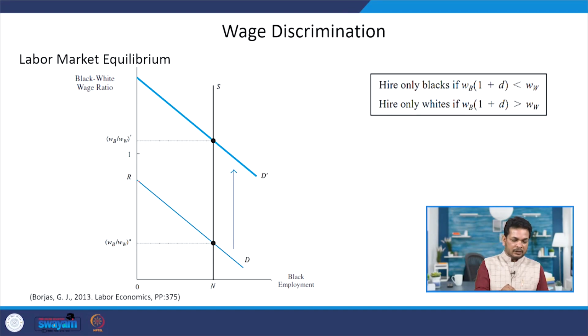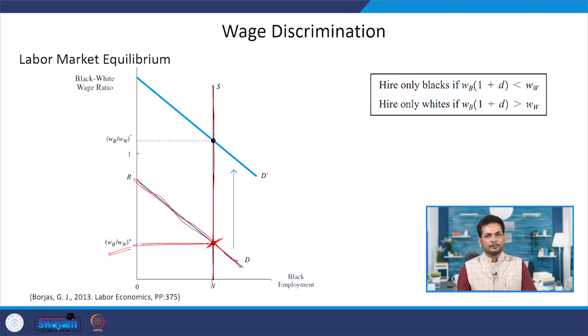So, you can estimate the equilibrium black-white wage ratio. What we have seen is that the demand for black workers is downward sloping, and the supply of black workers at a particular point of time is perfectly inelastic. So, the equilibrium wage ratio is decided based on the interaction of this demand and supply, which is WB by WW star. This is the equilibrium wage rate.